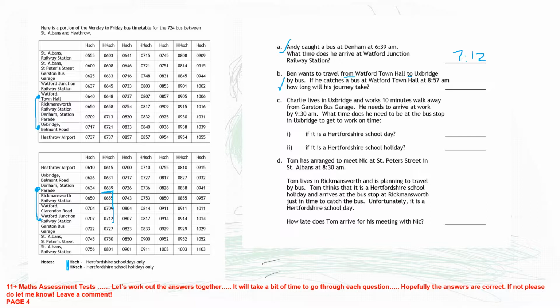By bus. So if he catches the bus at Watford Town Hall at 8:57, so he takes this bus at 8:57. How long will his journey take? So 9:36. So 8:57 to 9:36. How long is that?